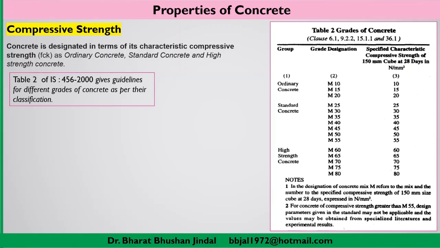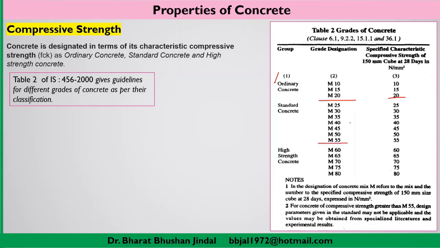Now, the very first part is ordinary concrete. So what has the code mentioned? Code has just listed M10, M15 and M20. That means up to M20 grade, concrete will come under ordinary concrete. And correspondingly, their characteristic compressive strength is 10, 15 and 20 MPa.